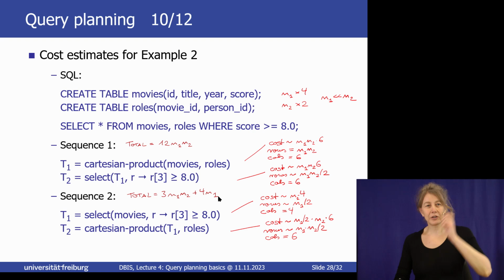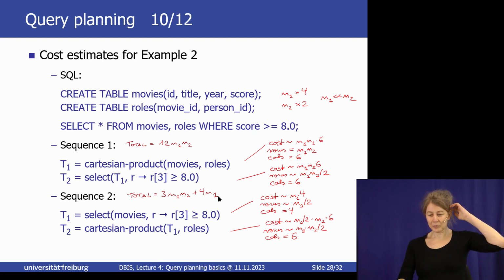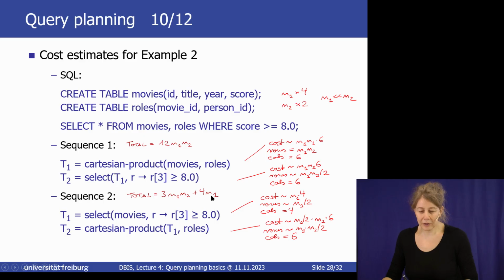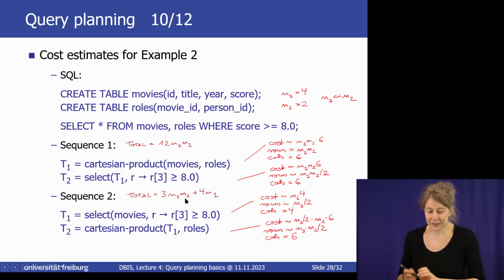Which one is better? Yeah, the second one is better because no matter what this N1 is, you could just estimate it by 7 N1, N2, but actually it's much smaller.